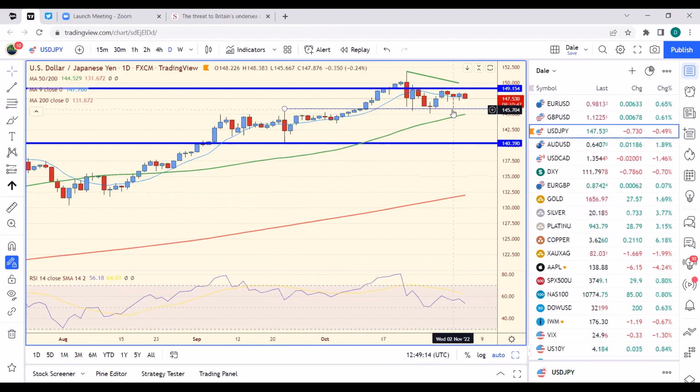I know the Fed didn't intervene, but they intervened in a different way by leaking that article last Friday, right? So they didn't have to go into the FX market. They just leaked an article.